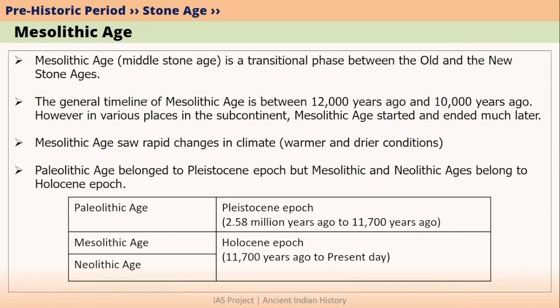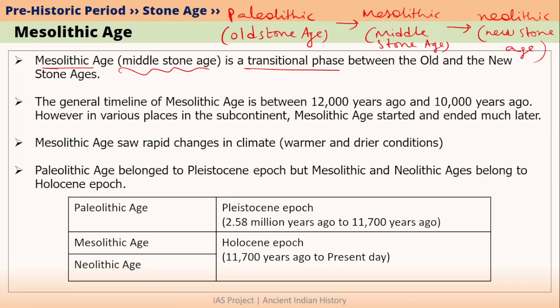So if we look at the Mesolithic Age, which is also called as Middle Stone Age, is basically a transitional phase between Old Stone Age and New Stone Age. Therefore, the order would be like this. Within the Mesolithic Age, we find certain features from Paleolithic Age as well as certain features from Neolithic Age. For example, Neolithic Age is known for agriculture and animal domestication.